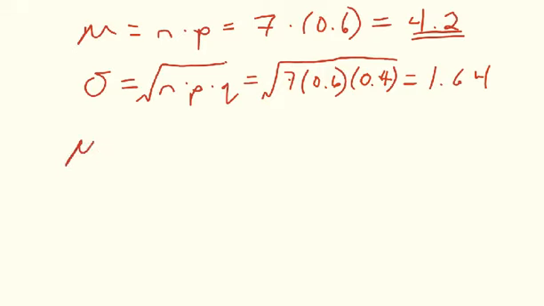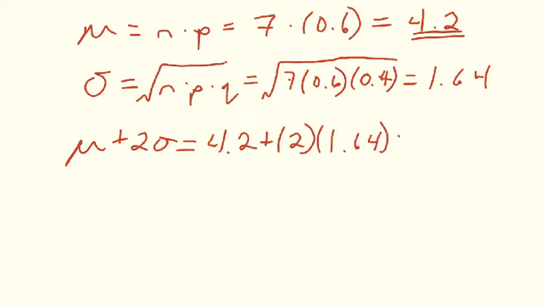So the maximum usual value in this case will be the mean plus 2 times the standard deviation. That is 4.2 plus 2 times 1.64. And throwing all this into the calculator gets us 7.48.